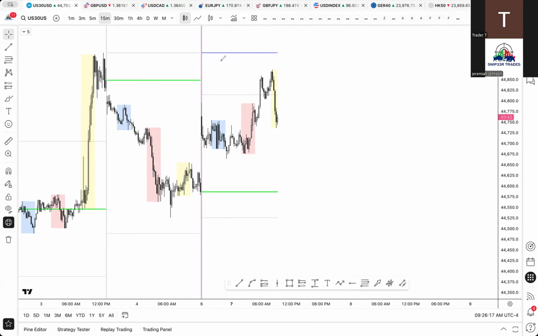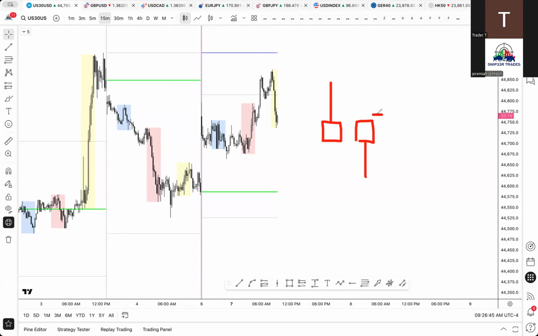Some of you may be underwhelmed because you want me to tell you something like a mathematical formula with 20,000 steps for your entry. Instead, I'm just going to draw up one pattern that I always look to trade.